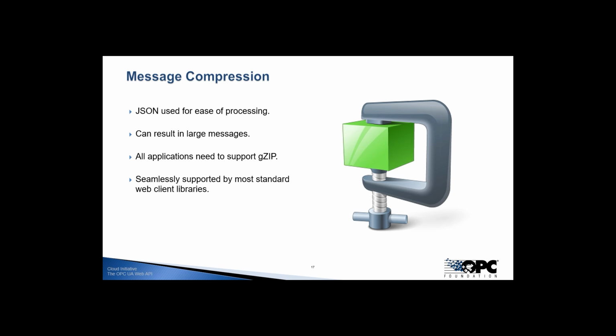JSON was used for ease of processing. Now, obviously, this can cause messages to blow up fairly quickly, so we mandated the need to support gzip, which is supported by most standard web client libraries. So this is something you get out of the box when your response is being processed.